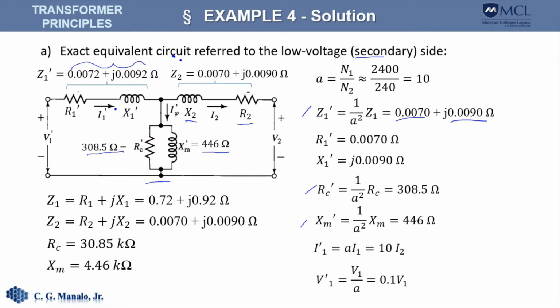For I sub 1 prime, we can get it using this formula, and that will give us 10 times the secondary current I sub 2. And for V sub 1 prime, we can again use this formula, and that will give us 1/10 of V sub 1 of the primary.